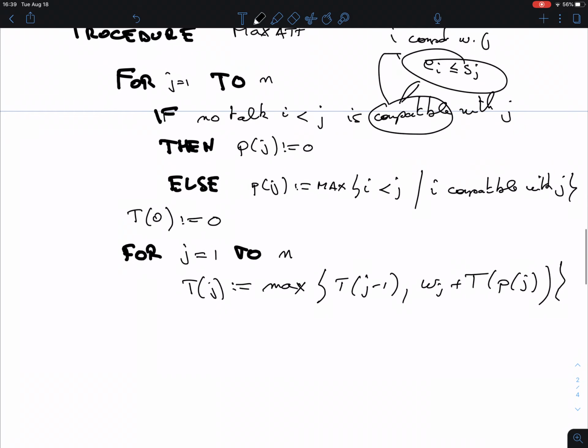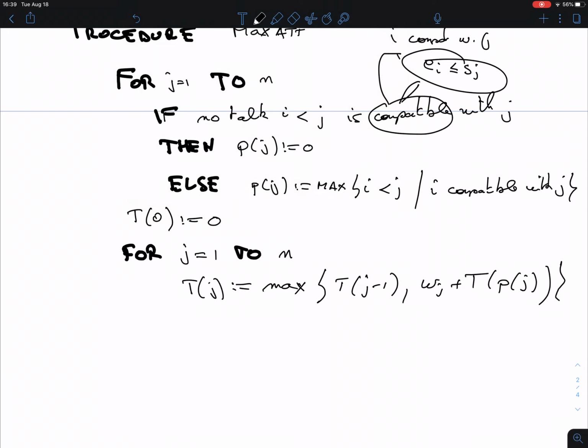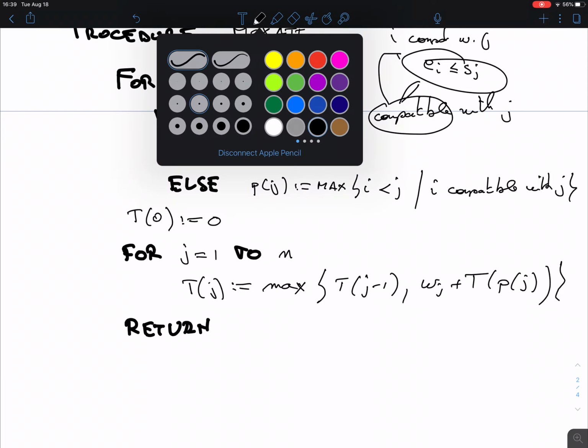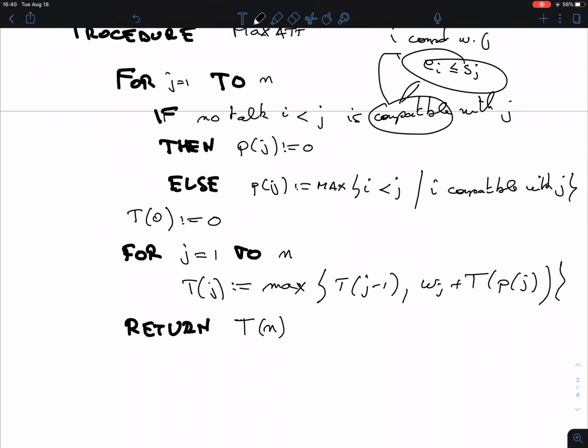And then what is the optimal value? It's t of n, so return t of n. That's going to be the most number of attendees you can have with these n talks.